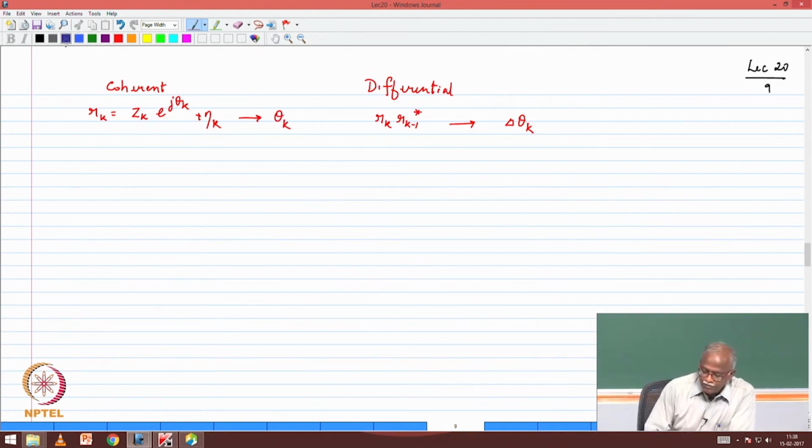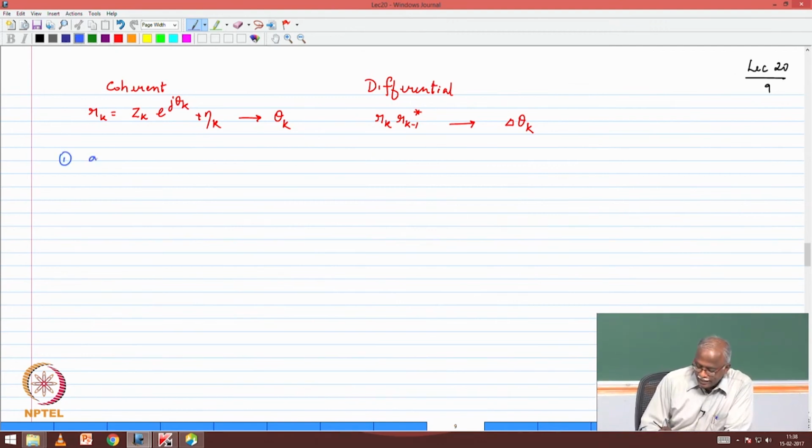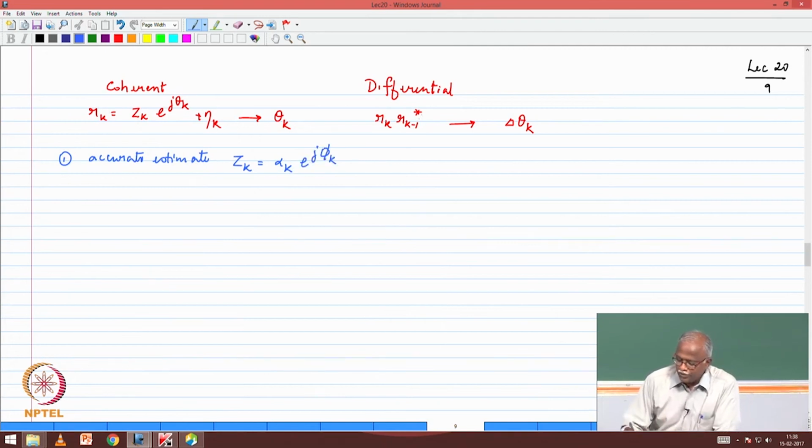So the first observation that we make about coherent detection is that I need an accurate estimate of Zk, of both the magnitude and phase, alpha k e power j phi k. I need to know both of those. Now the question is, do I need to know anything about z?